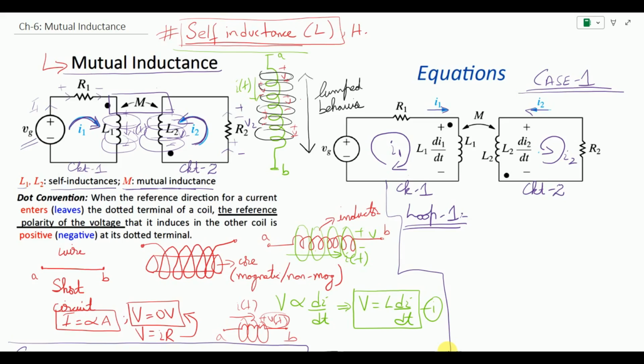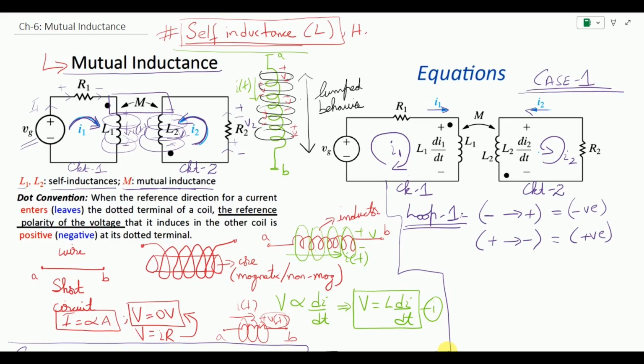Let us say we follow the convention from the book that whenever the movement of the current is from negative to positive, which we call a voltage rise, we take the sign to be negative, and whenever there is a voltage drop from positive to negative, we take the sign to be positive. So now let us apply this.